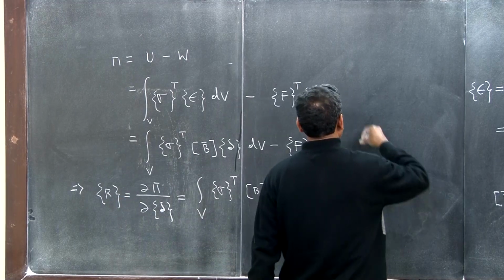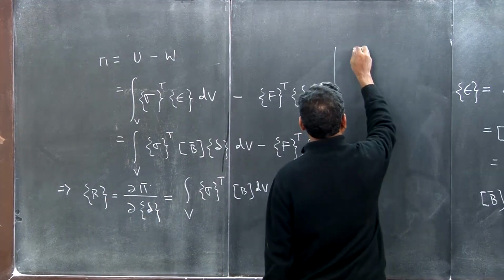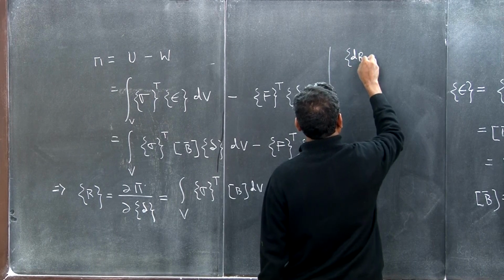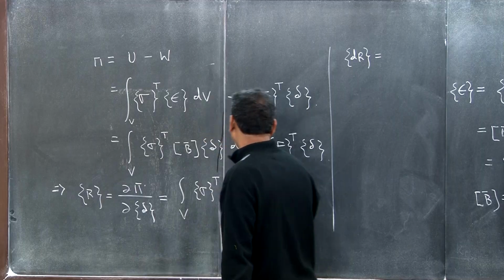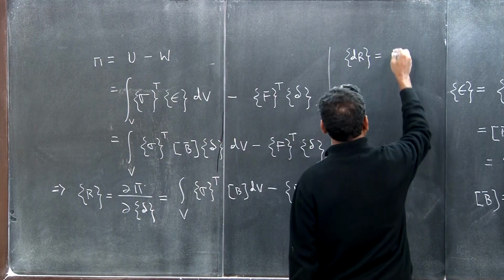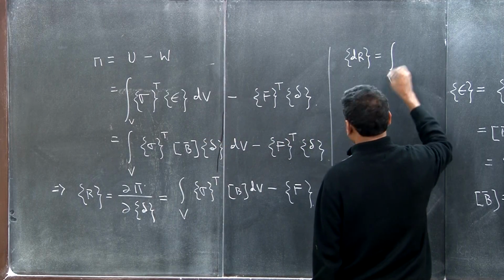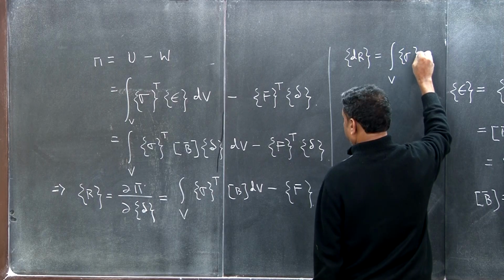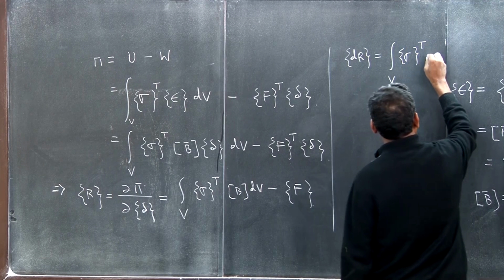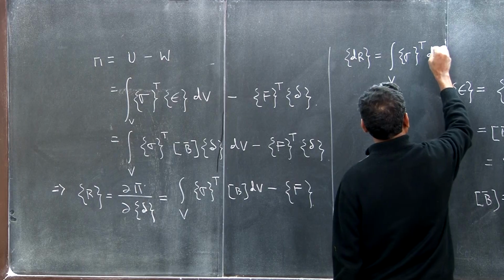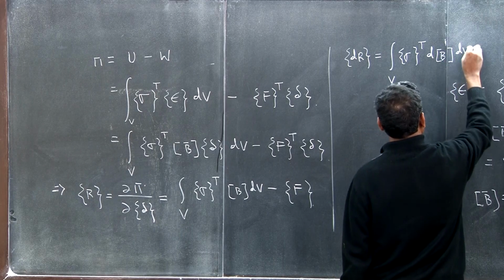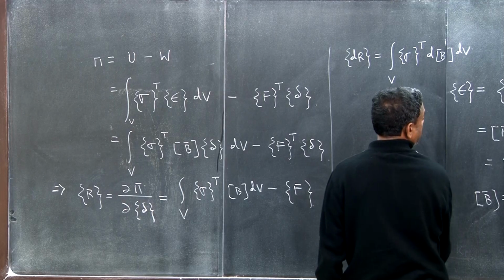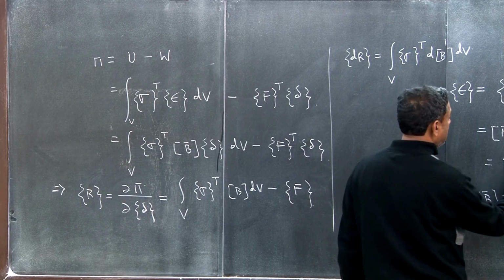Now we write down in nonlinear analysis. dR, if we take the differential of this, then you will see that this one will be integration of sigma transpose dB dV, and you have written it, right?